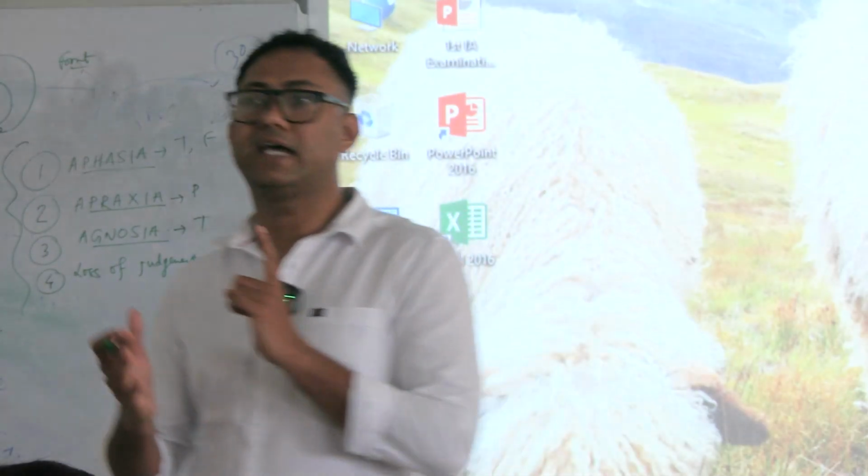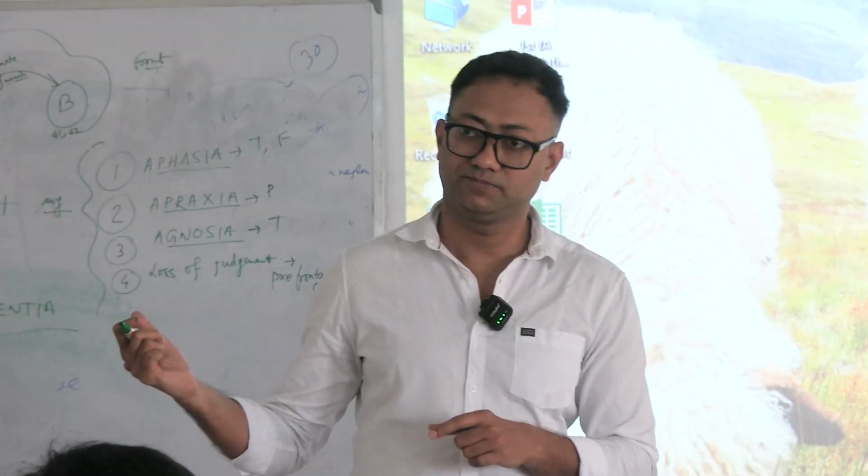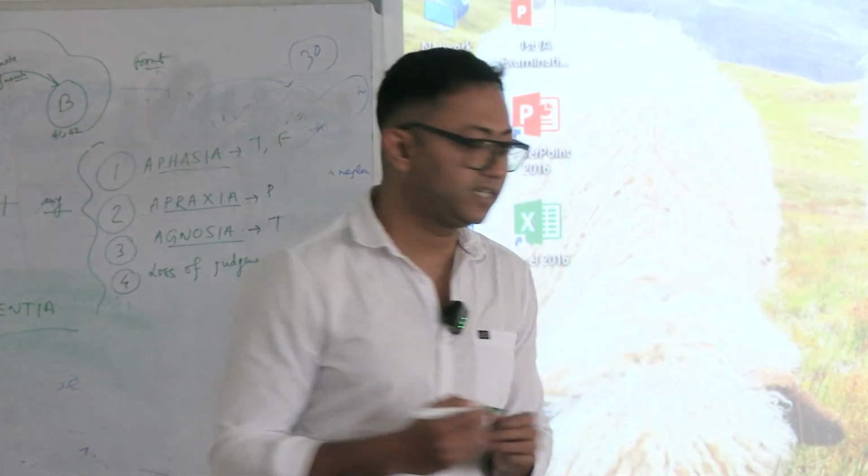Okay, so major two types you need to know: the sensory aphasia and motor aphasia. Sensory aphasia is also called Wernicke's aphasia. Motor aphasia is also called the Broca's aphasia. Okay, ठीक है, so this is the physiology of aphasia in short.